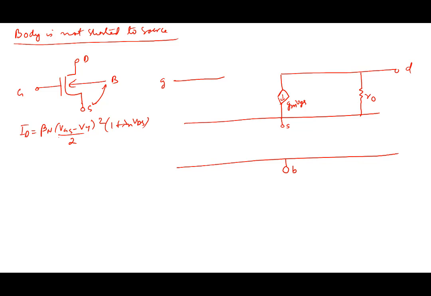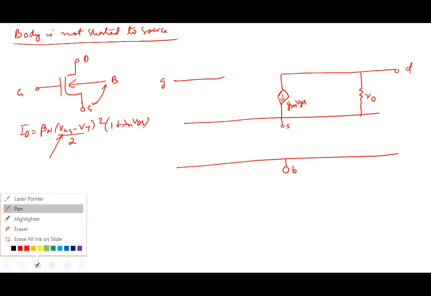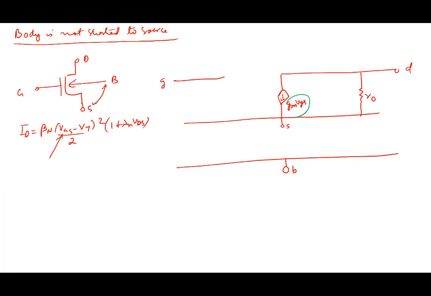Now note that ID is dependent on VGS. This causes this current source to come. Because ID is dependent on VGS, any change in ID would be related to a change in VGS. So we call this GM delta VGS. So this is why ID equals GM VGS.